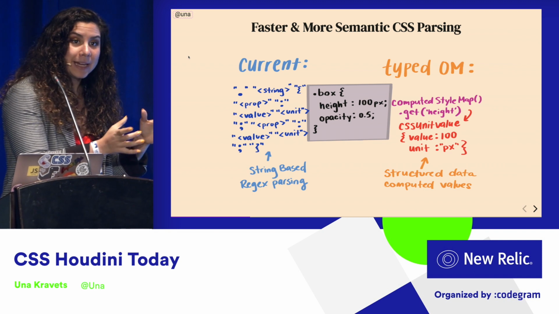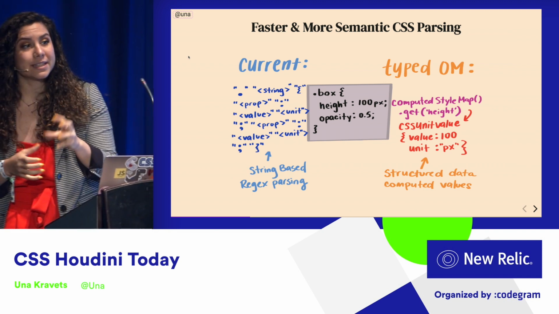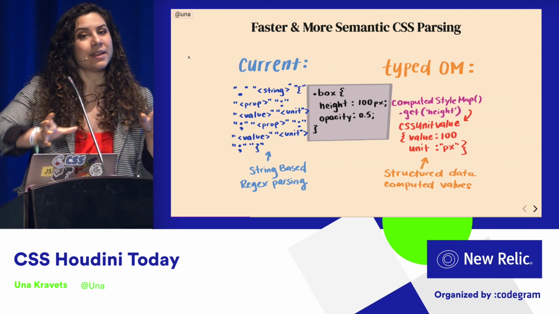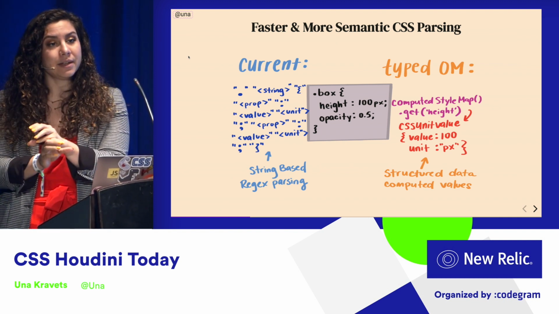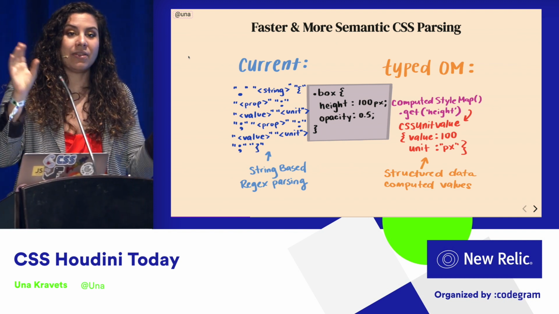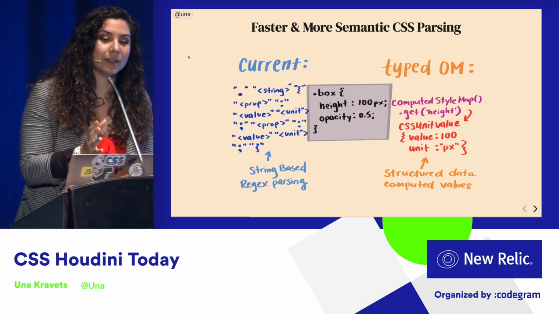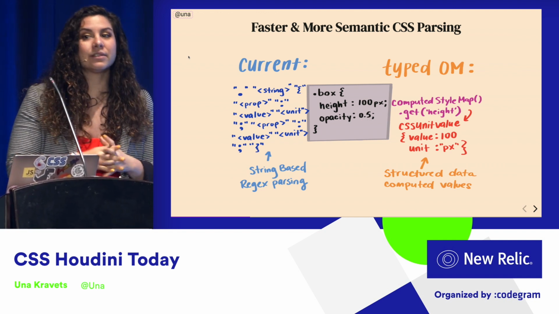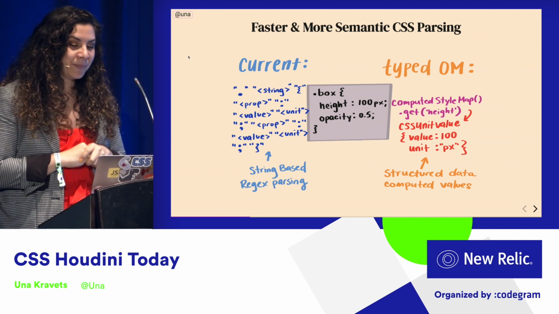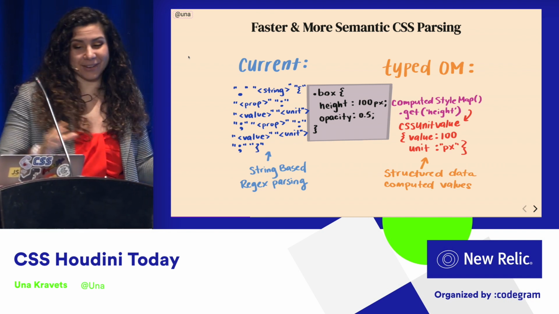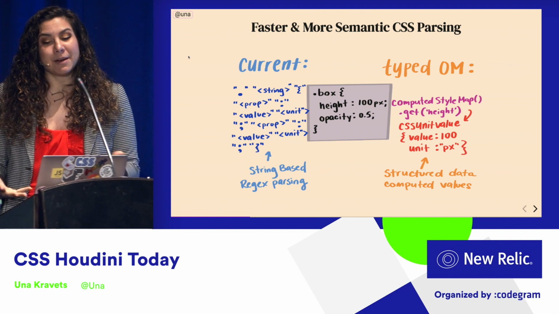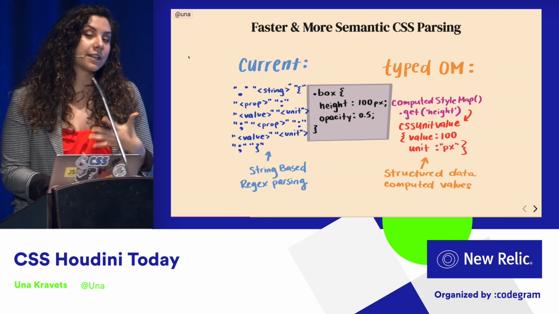It's looking for a property at that point. Then it's looking for a colon to separate the property and the value, and then that value has to have an adjacent unit that matches with that value, and then that line gets searched through until you see that semicolon. So you have to do this every single time and make sure all these things make sense. And that's slow.